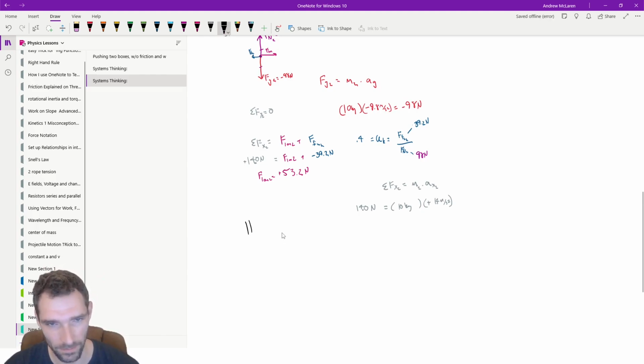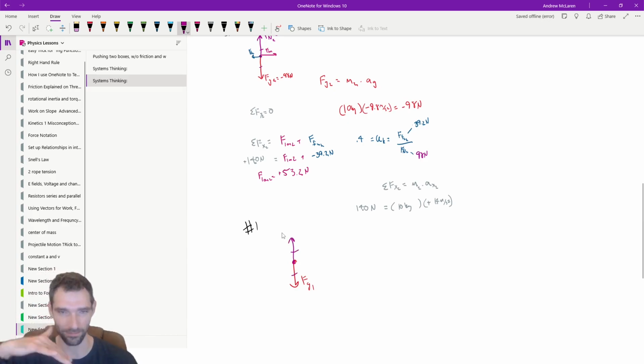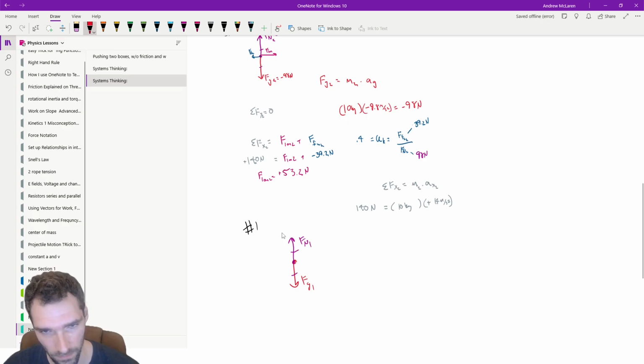Now, if we look at object number 1, we do have a force of gravity that is pulling it down, force of gravity on object 1, force of normal on object 1. These should be equal and opposite because object 1 is not flying up or dropping down. And we can say that this force of gravity is just the mass times acceleration of gravity, and this is for object 1, which had 5 kilograms for its mass.